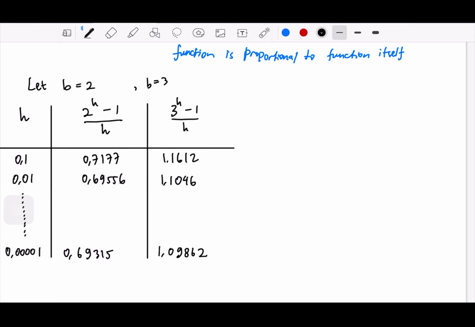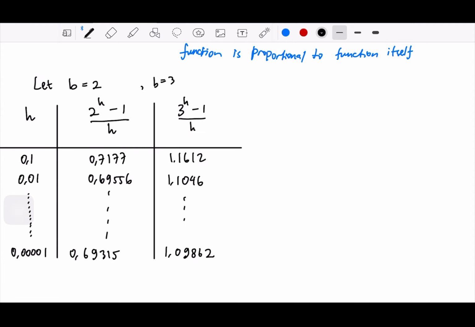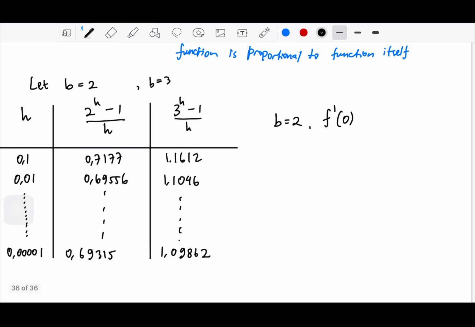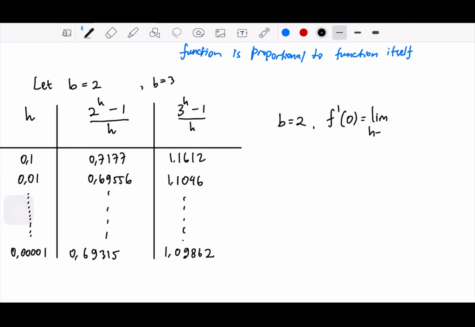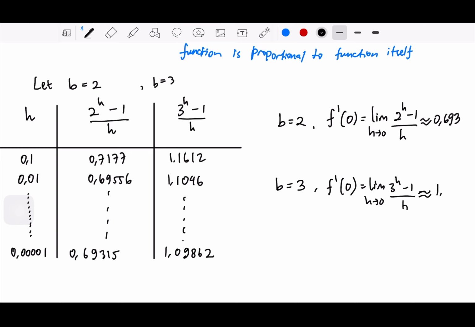Now from these results, at least we get the idea. If b equals 2, then f prime 0 will be approaching 0.693, and when b equals 3, we will have f prime 0 equal to 1.099.